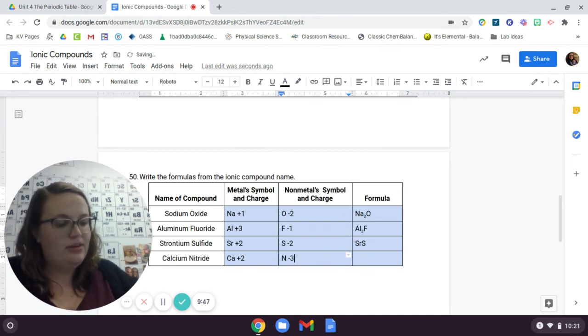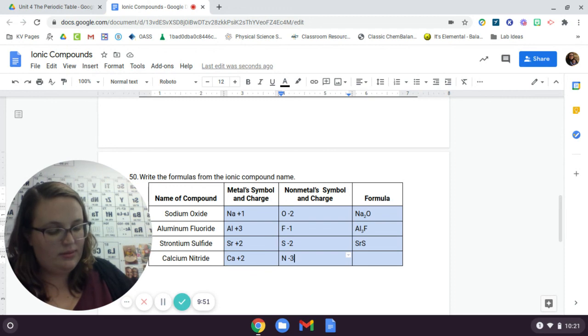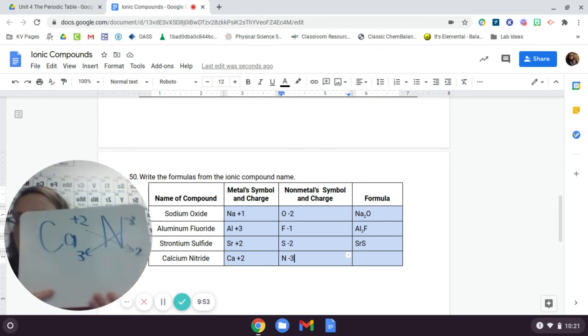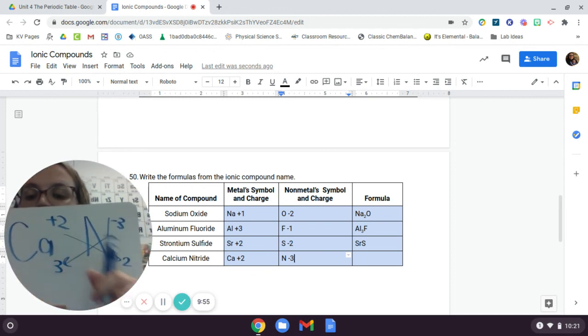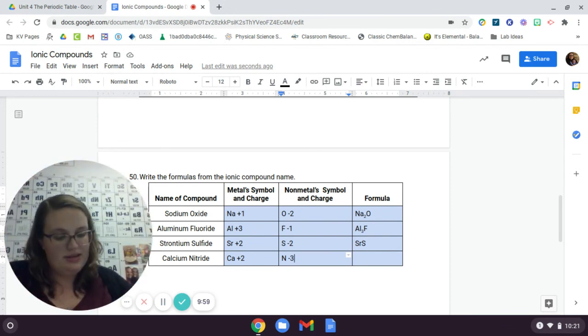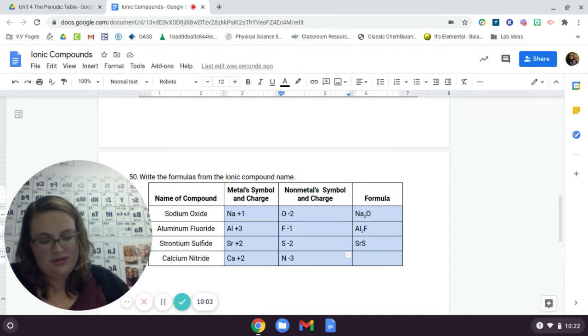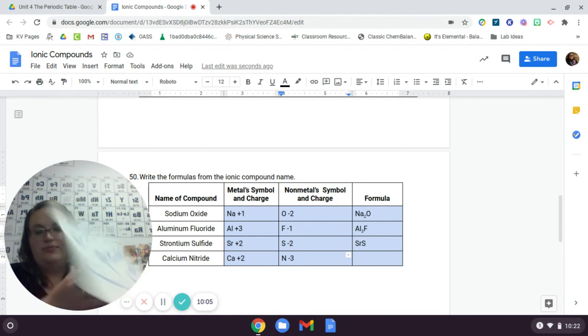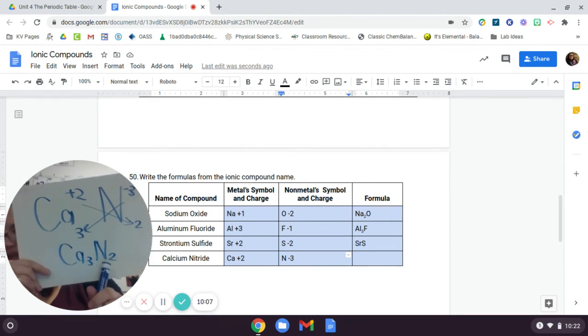So we're going to crisscross those. Our +2 is going to come down here. Our -3 is going to come down here. So we end up with Ca3N2.